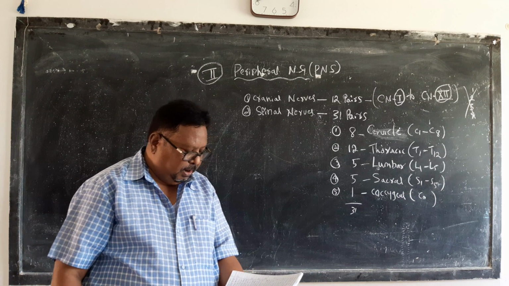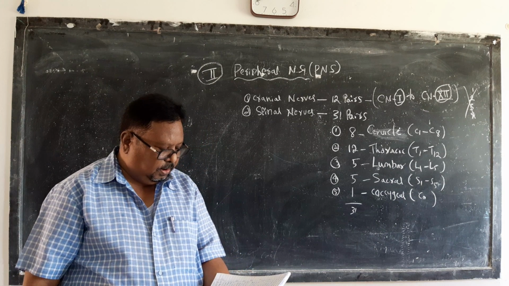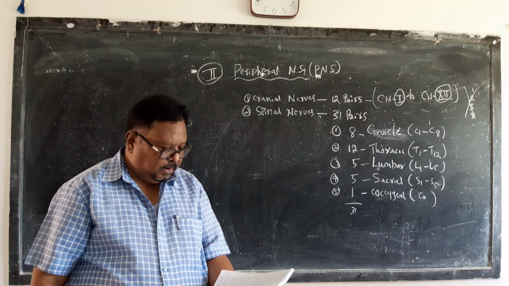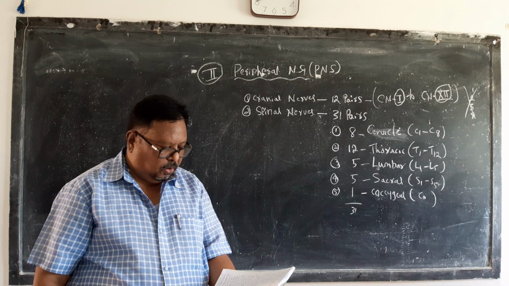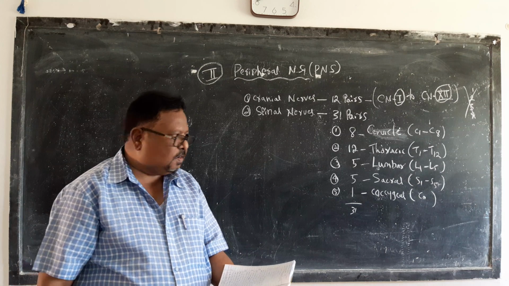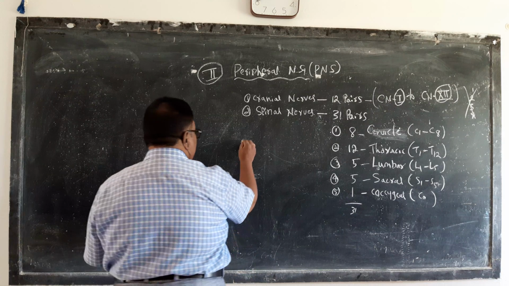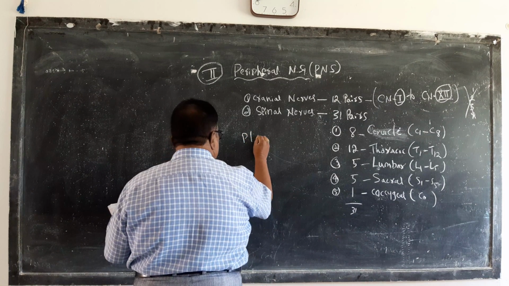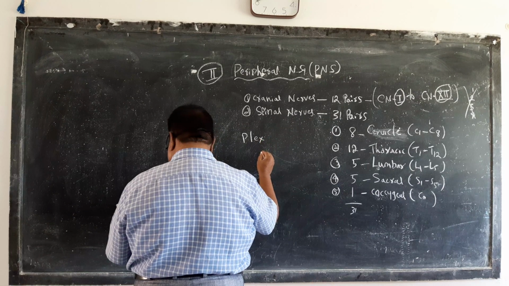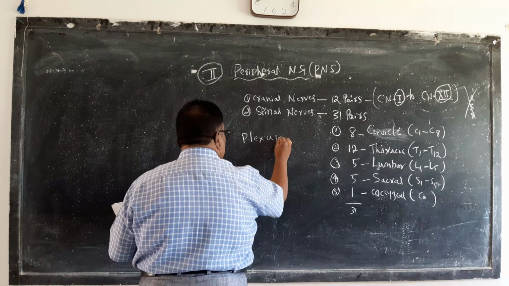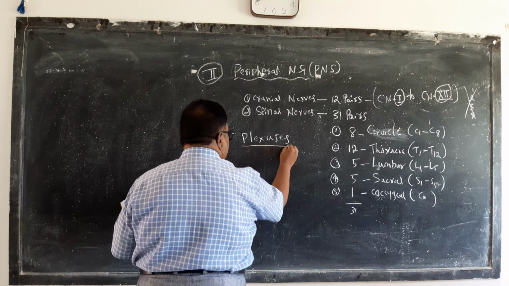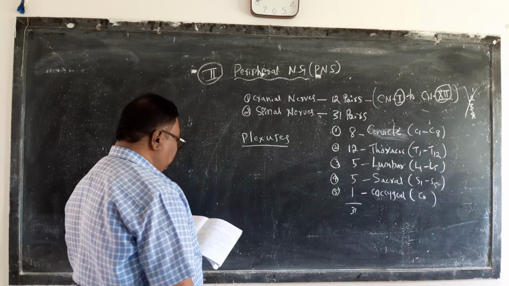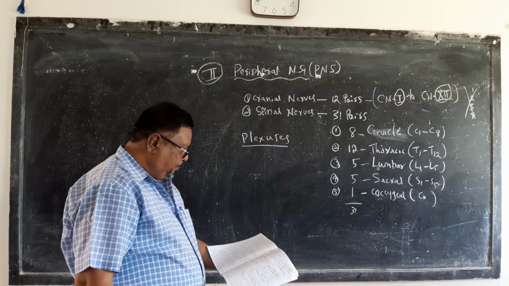The anterior rami unite near their origin to form large masses of nerves called plexuses, P-L-E-X-U-S-E-S.